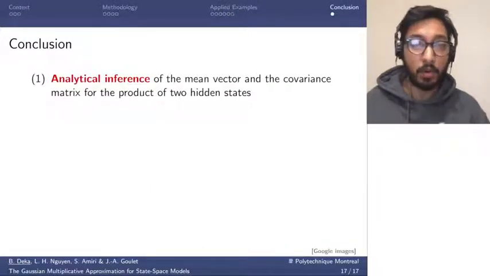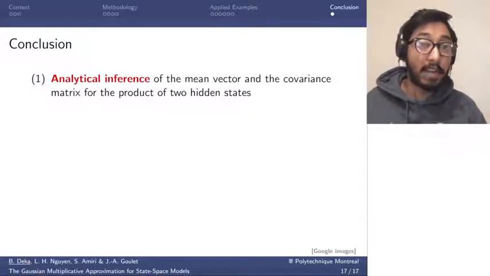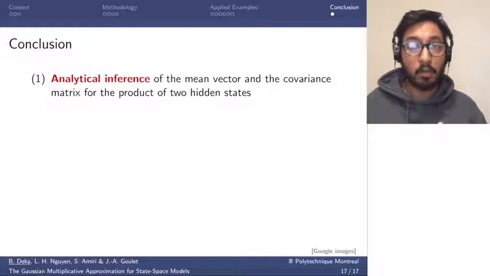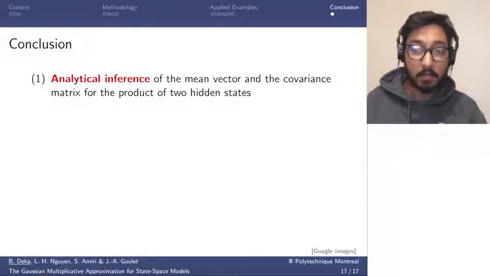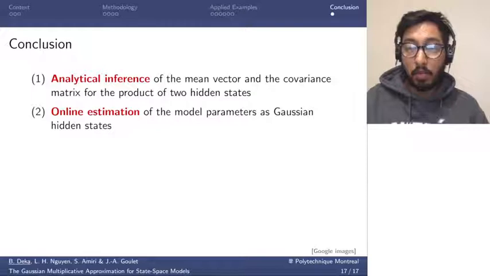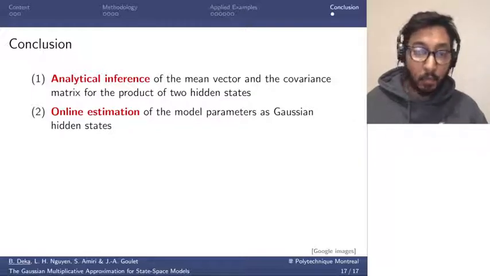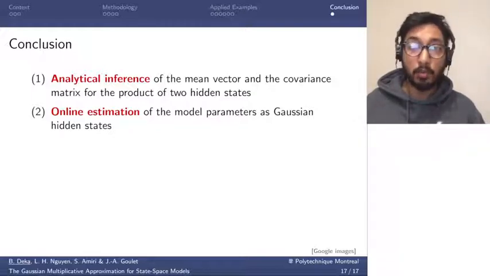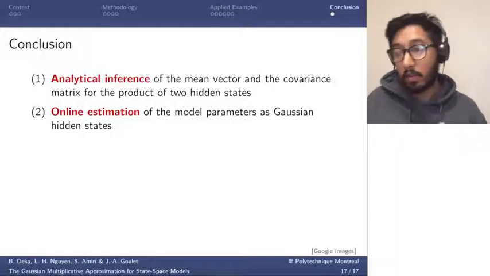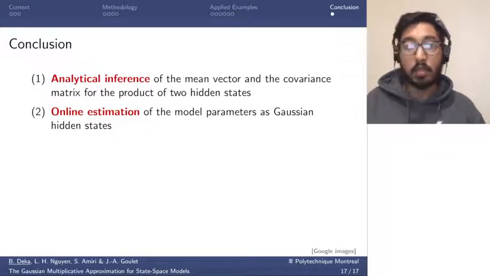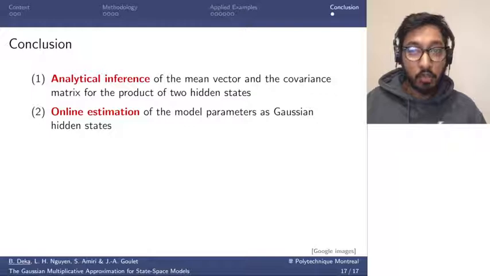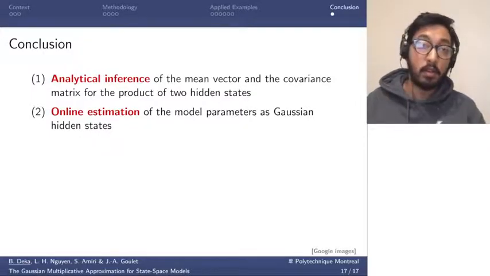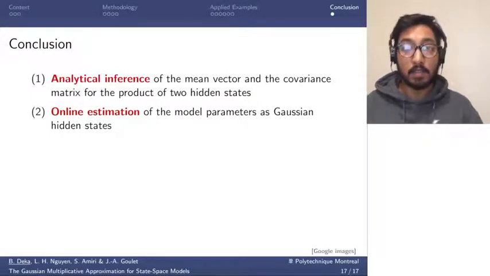In conclusion, we provided a method that can perform analytical inference of the mean vector and the covariance matrix for the product of two Gaussian hidden states. We saw in numerical example 1 as well as in numerical example 2 that we can perform online estimation of the model parameters as Gaussian hidden states, as shown by the autoregressive parameter, which was assumed to be a Gaussian random variable and was learned together with all other hidden states.